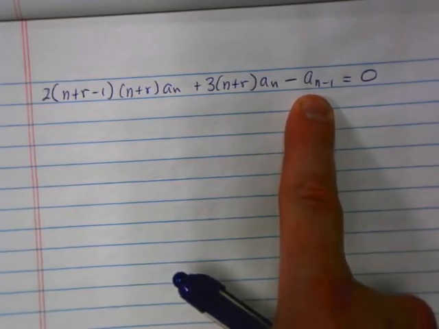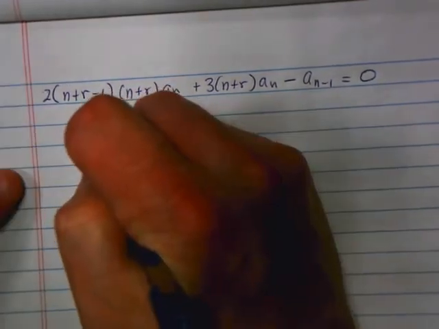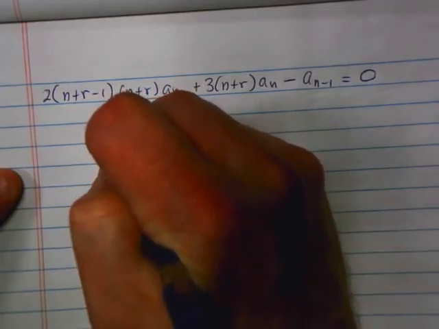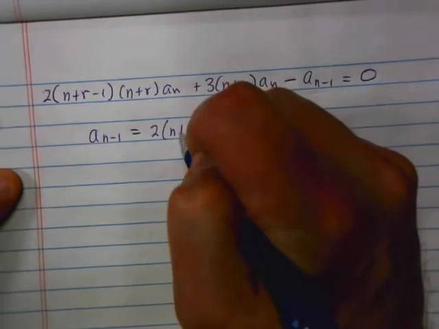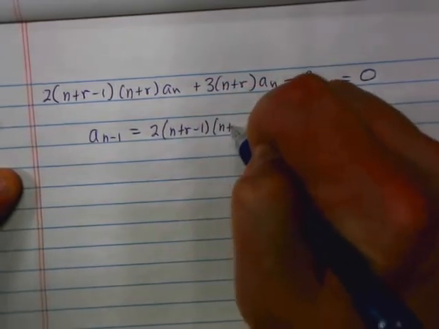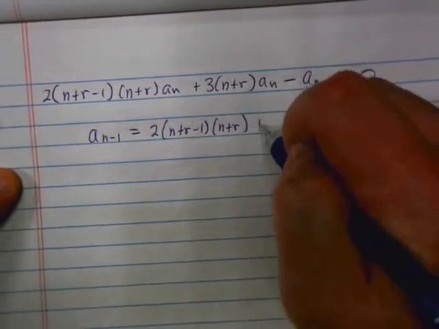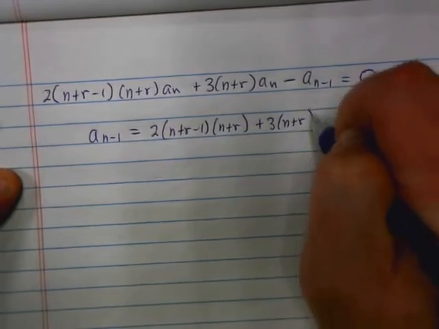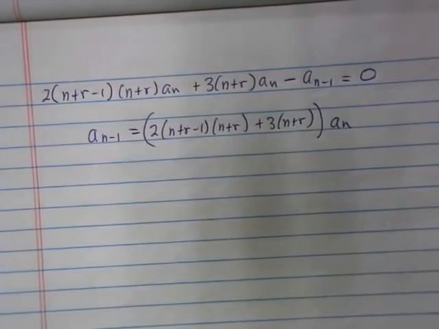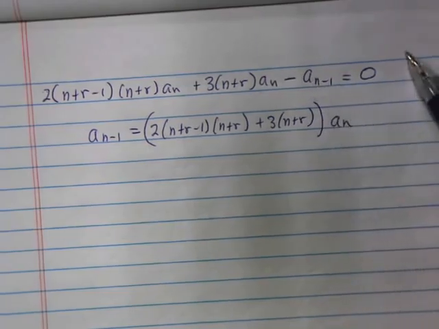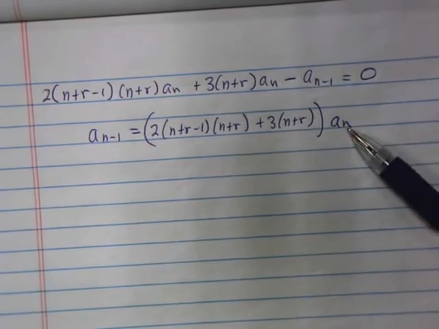All right, so a sub n minus 1 equals 2 times n plus r minus 1 times n plus r plus 3 times n plus r all times a sub n. So I added the a sub n minus 1 to the other side, and then I factored out the a sub n.